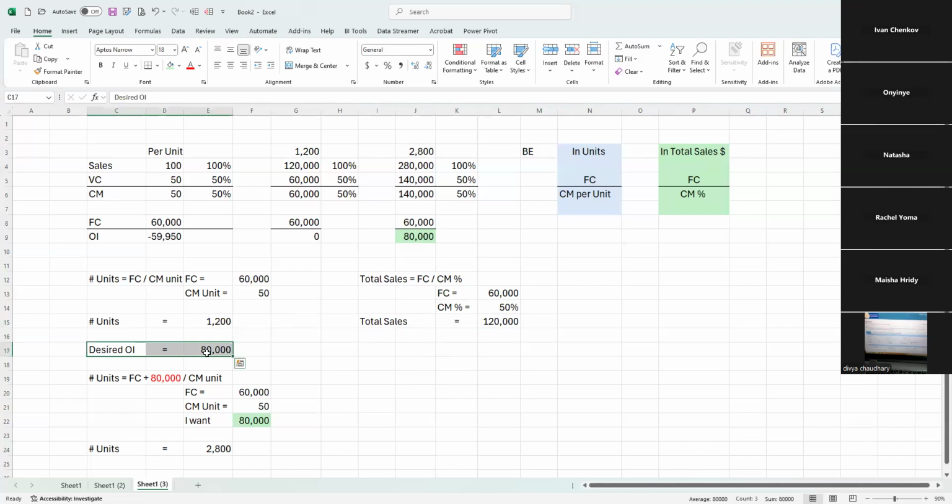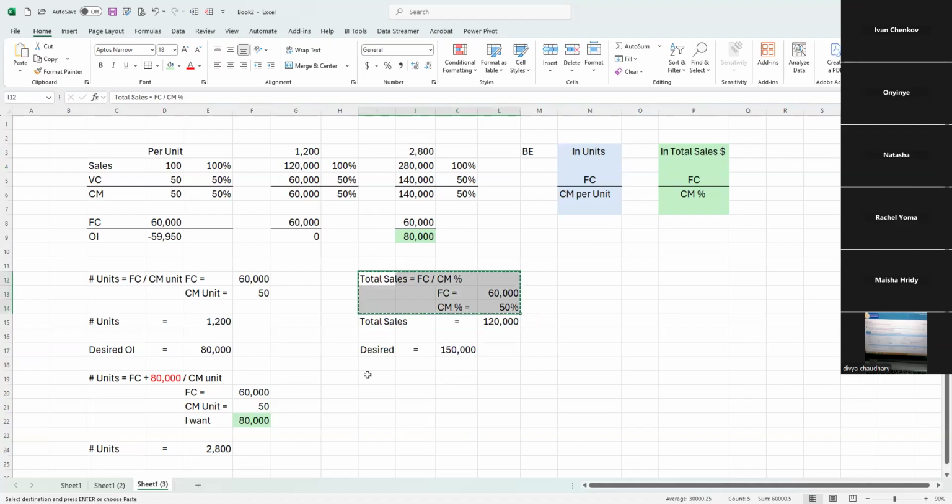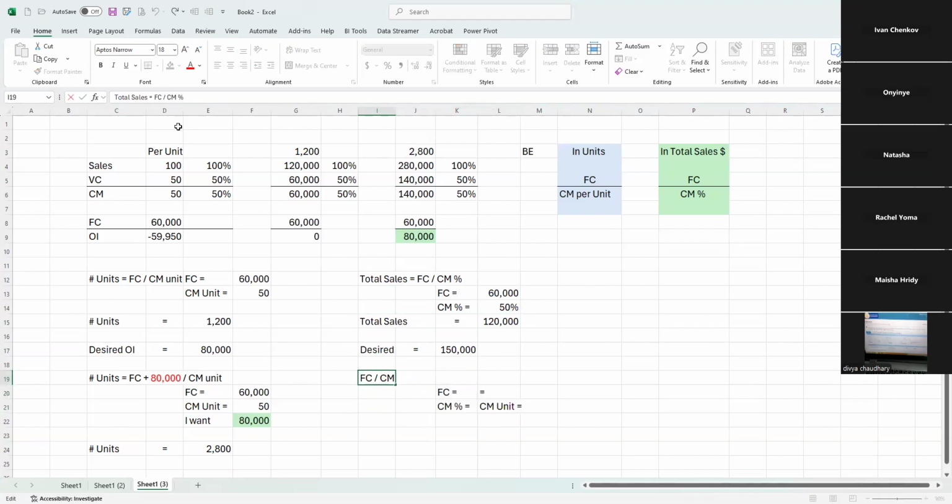Now let's change this desired income. How much do you want now? $150,000. Okay. So what do we have to do? A slight modification. In this case, to my fixed cost, I'm going to add the 150,000 that I want. Fixed cost, I know it's equal to 60,000.